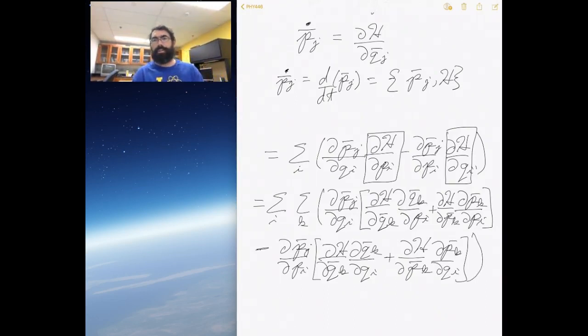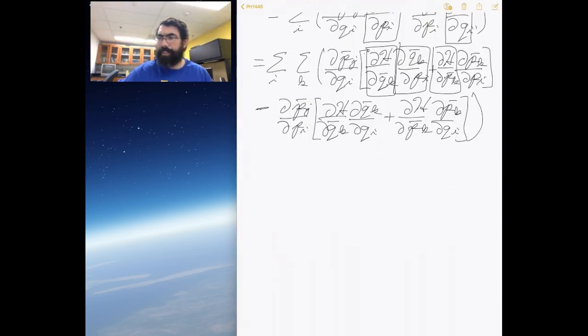So again, all I've done is replace these derivatives, which are with respect to the original frame of reference, and then done a transformation. So now I have derivatives with respect to the barred frame of reference, and I have to multiply them through the chain rule with these derivatives that move from the barred observable into the unbarred observable. Okay, so let's clean it up.